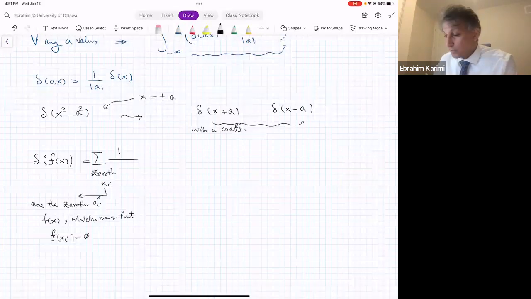Okay, it is the summation over all of them, and then you have the absolute value of the derivative of f with respect to x at x equal to xi. That's absolute value. Are you familiar with these notations, guys?